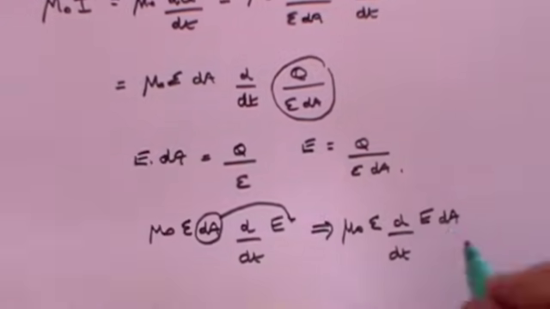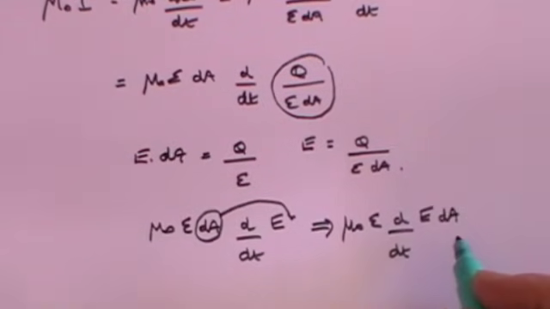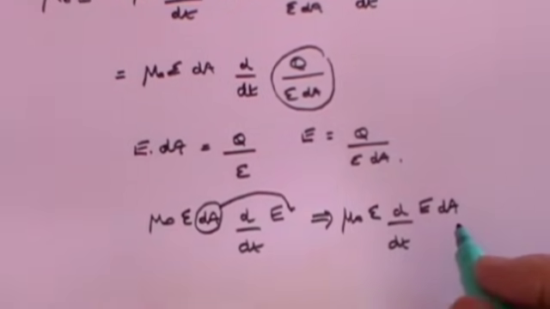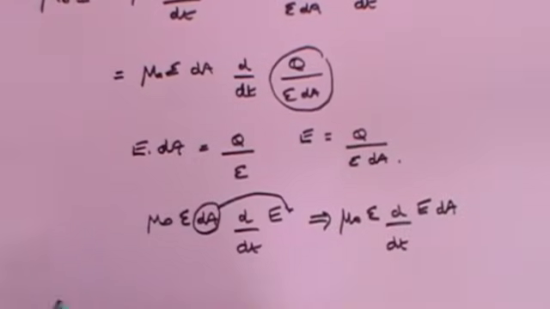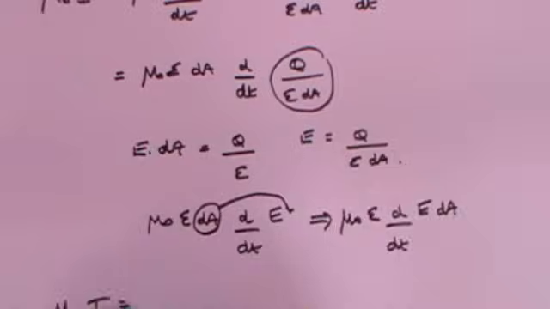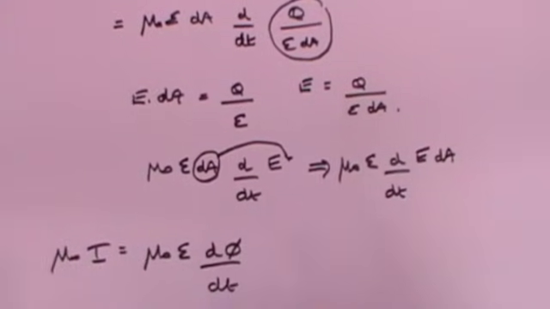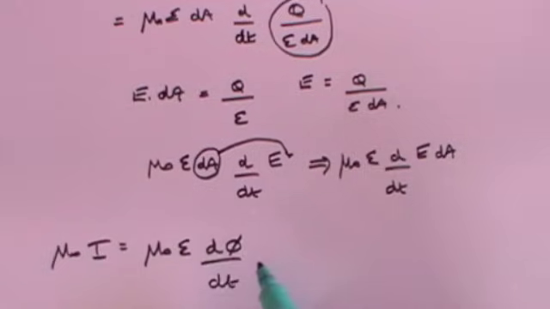And what is E dot dA, or EdA? That, of course, is flux. And so we now get that this term, mu0 I, is equal to this term here, which is mu0 epsilon d phi by dt, the rate of change of flux.